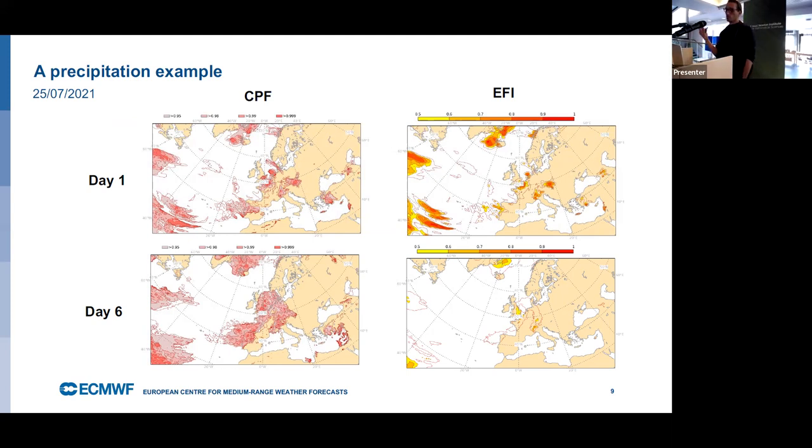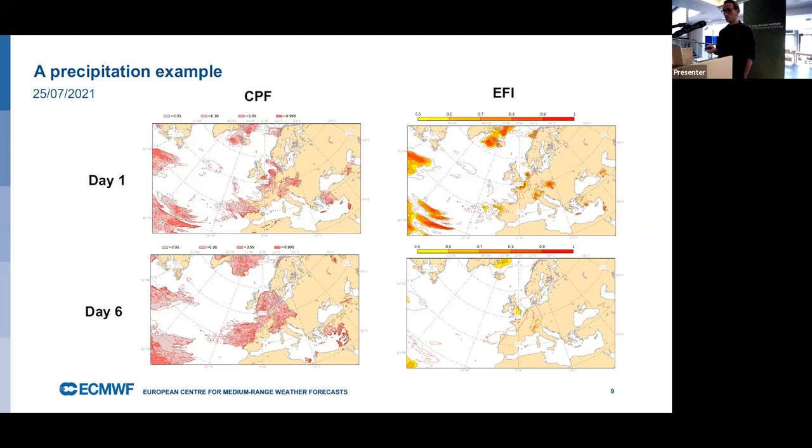The truth, or what really happened, is very much captured by the day 1 forecast, which is a good proxy for the intensity of the precipitation event that was observed on that day, in July 2021. And looking at these plots, we have a good agreement for day 1 between CPF and EFI.